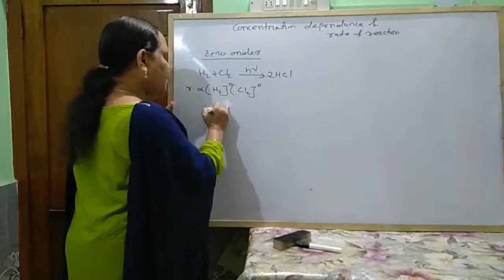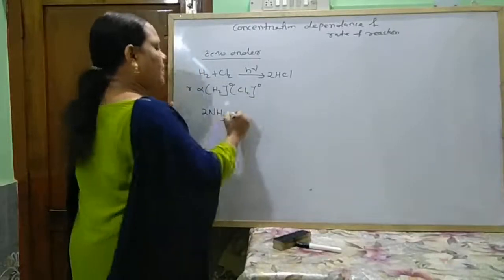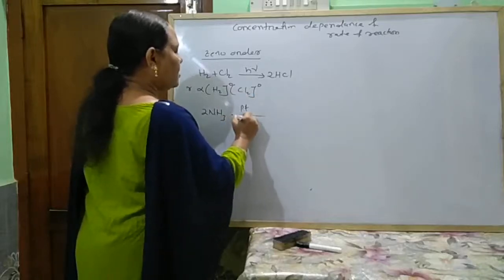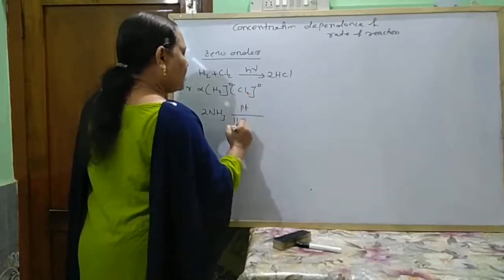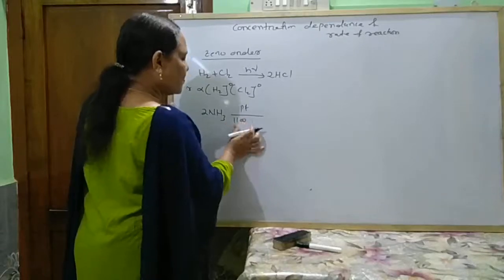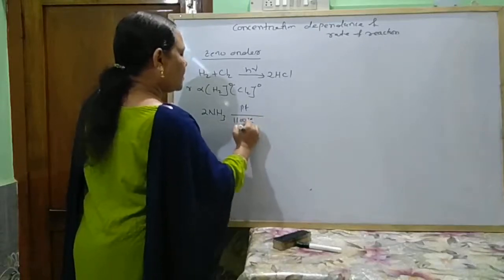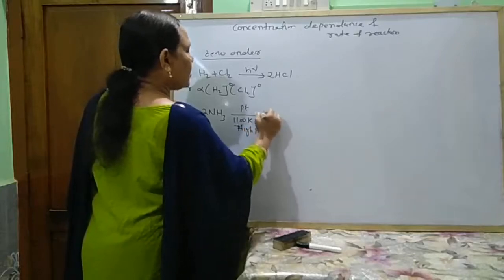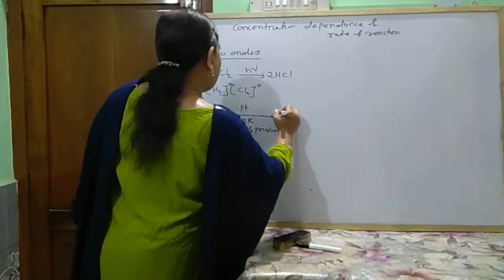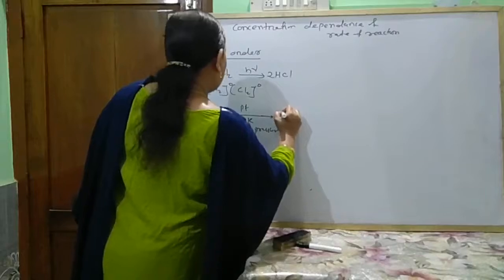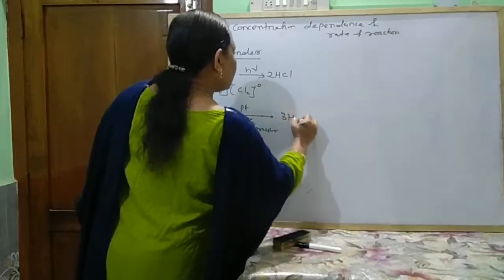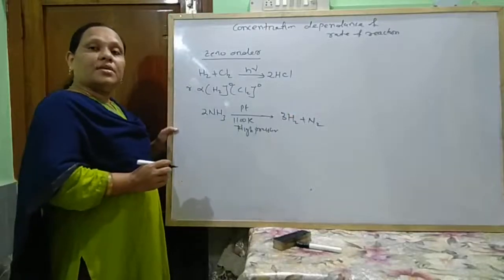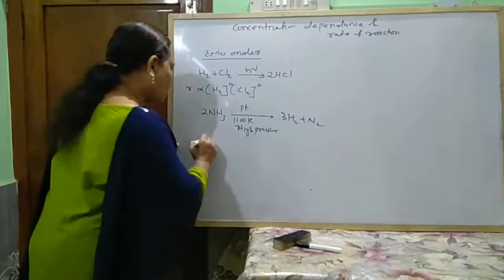Decomposition of 2NH3 on a platinum surface at high temperature and high pressure gives 3H2 plus N2. So this is one example of zero order reaction.